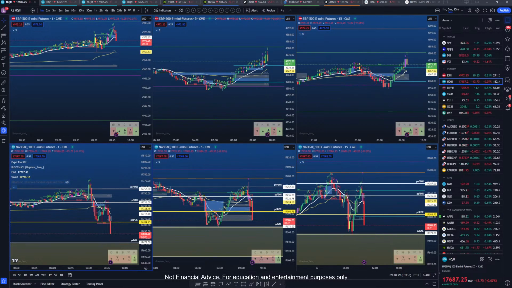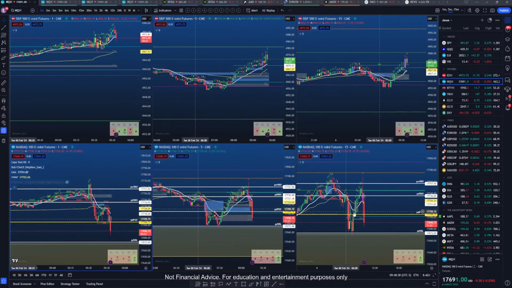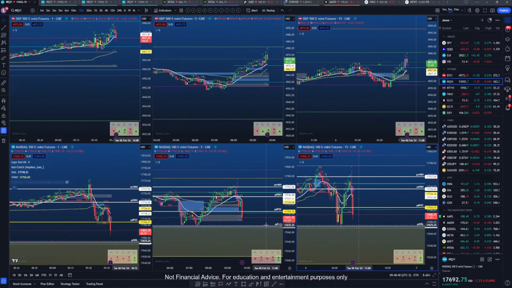I'm interested in short. I'm probably going to wait for a retrace. I was thinking about getting in here in the 10s before that breakout, but didn't quite get an entry.